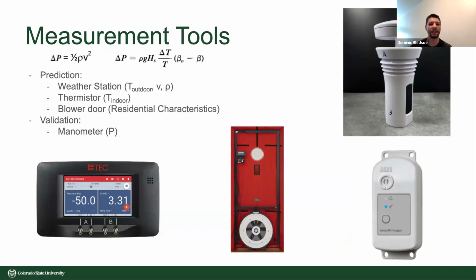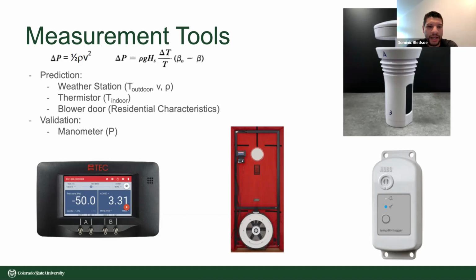Using that, I was able to find outdoor temperature, wind speed, wind direction, which I won't touch on today, and the air density as well. Also a thermistor, the little white node on the bottom right, which is just for measuring indoor temperature. Using those, I was able to find the temperature difference across the envelope.